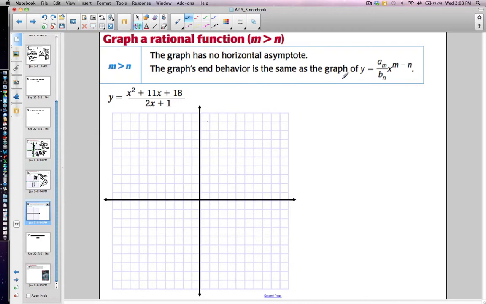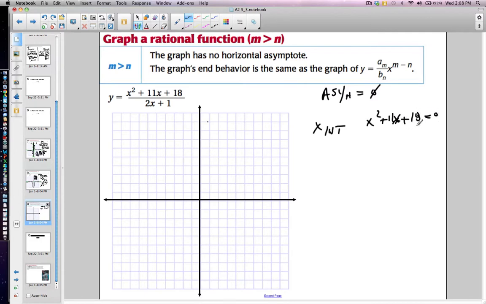So in our final example, when the degree in the numerator is greater than the degree in the denominator, what's going to change now is we're going to have no horizontal asymptote, so I know that right off the bat. And then I want to look at the zeros of the numerator, so my x-intercepts can be found by taking x squared plus 11x plus 18 and setting it to be equal to 0.